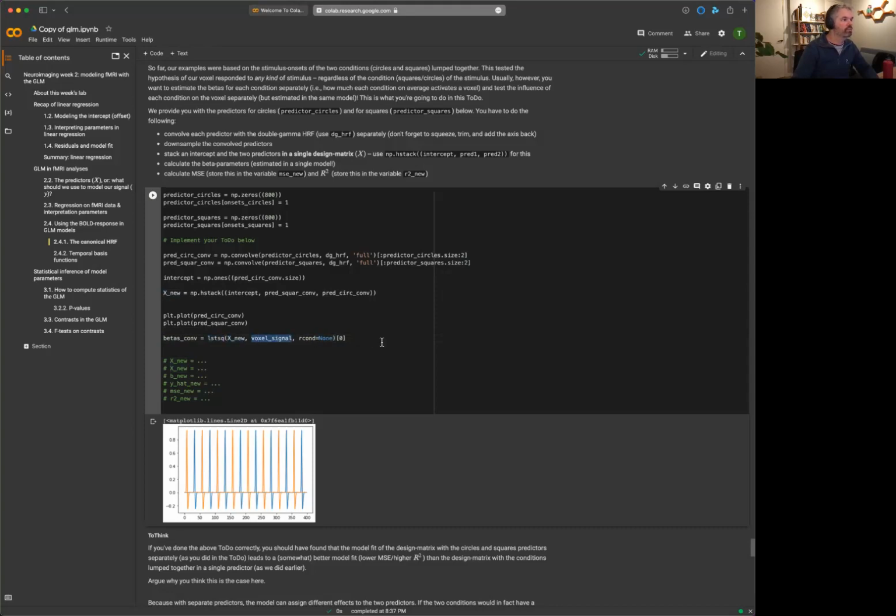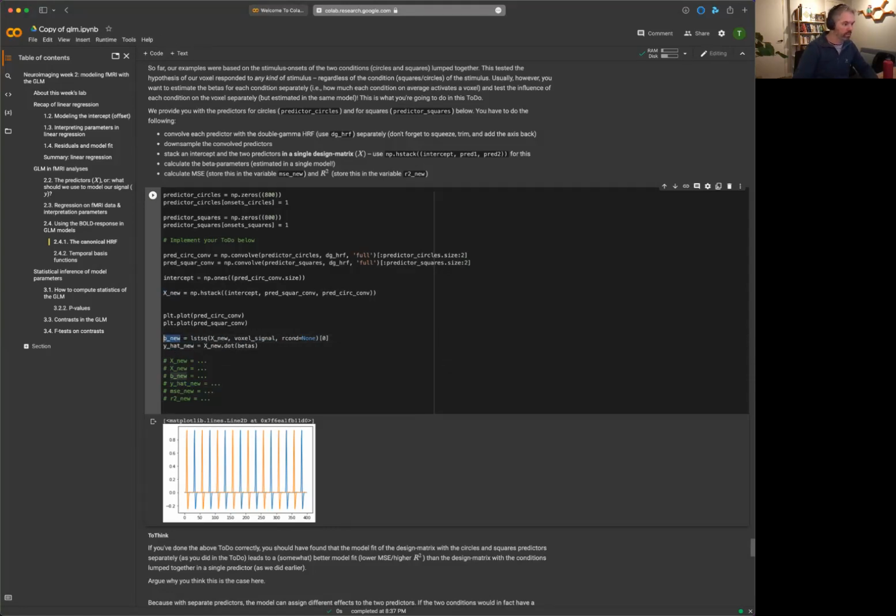And I'm sort of assuming that we're going to fit voxel signal still. We're going to get these betas, right? So what that means is that immediately we can also take x underscore new dot with the betas to get that y hat. Here we are. So that's our y hat. Apparently, I'm supposed to call that new. And oh, b new.